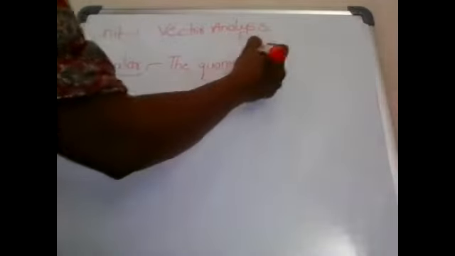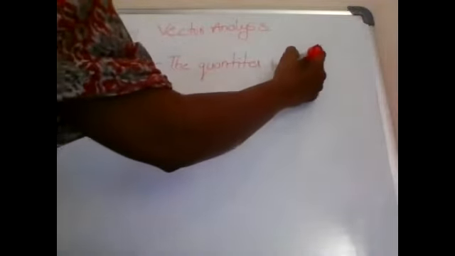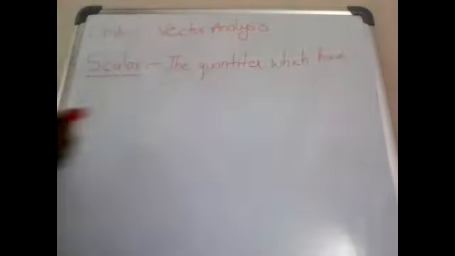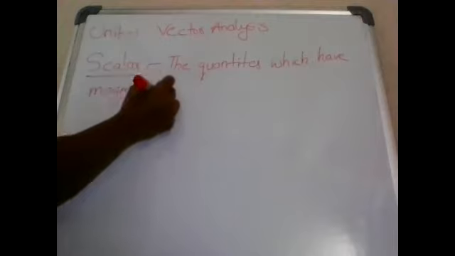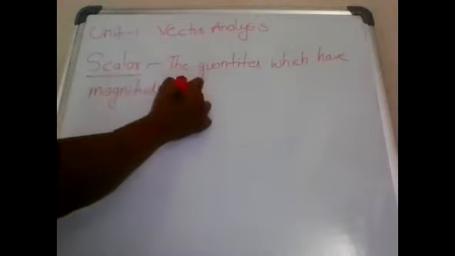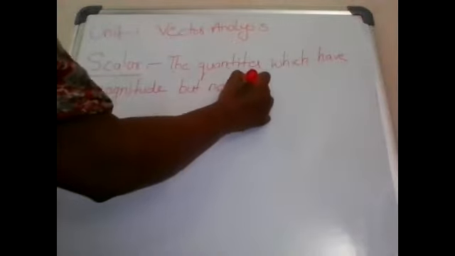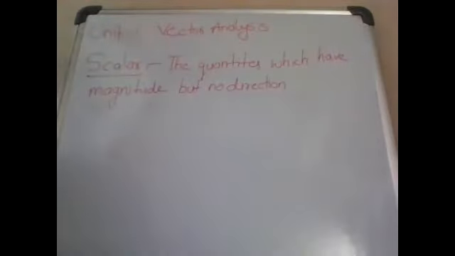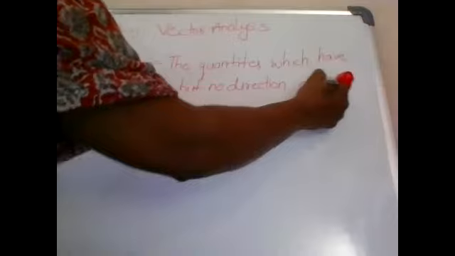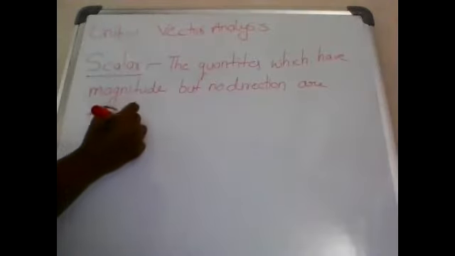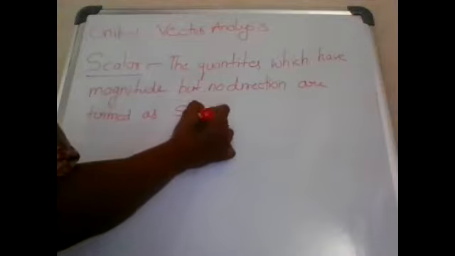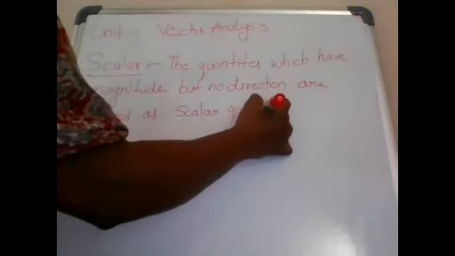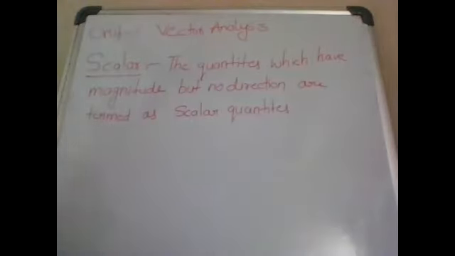The quantities which have magnitude but no direction are termed as scalar quantities, or simply scalars.